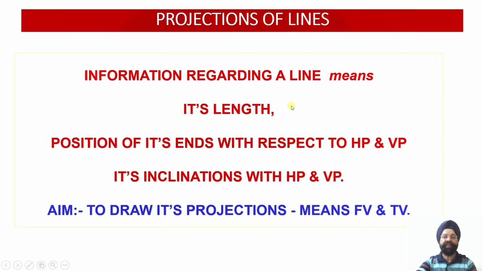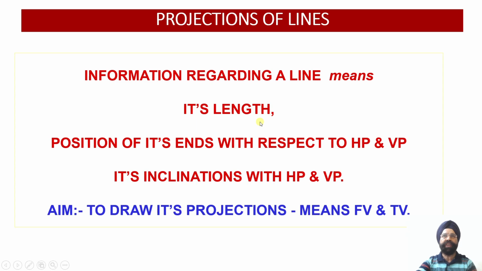Now whenever we say that we want to draw the projections of the line, it means that we want to draw the front view, top view or the side view of the line. And in order to draw the projections of the line, we need to acquire the information about the coordinate locations of the line in space. So the first thing required will be its true length.